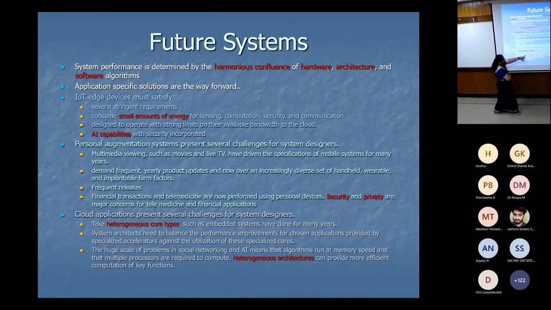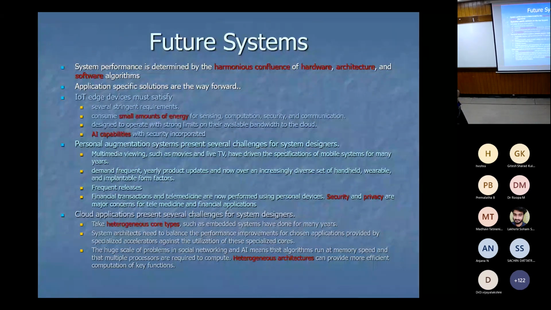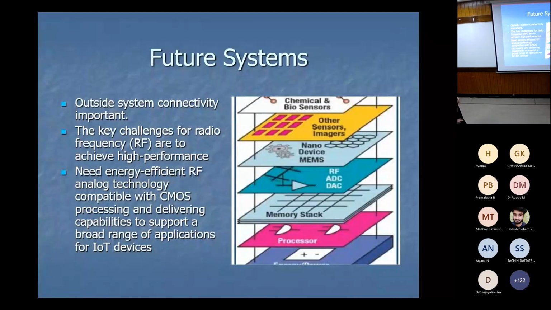They have to balance the performance improvements of chosen applications provided by specialized accelerators. So each of these that I talked about is a problem on its own, and itself will be a huge challenge for the system developers. And heterogeneous architectures can provide the most efficient solution, that is true, but of course, they pose equally challenging problems to the designers.